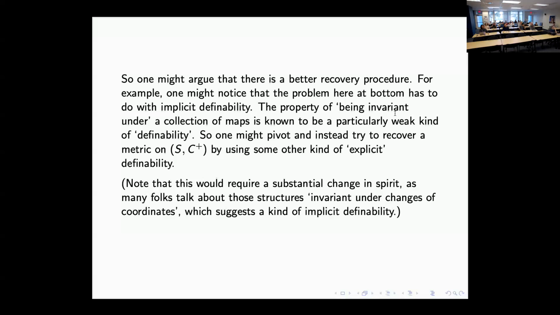First, note that this would require a kind of change in spirit, as so far what folks have been talking about is structures invariant under changes of coordinates, which to my mind suggests a kind of implicit definability. Invariant under changes of coordinates, that reads to me like implicit definability. The main roadblock here is that it's really hard to talk about explicit definability when one is not working within the confines of a formal language. There are people here who are thinking about this kind of stuff.